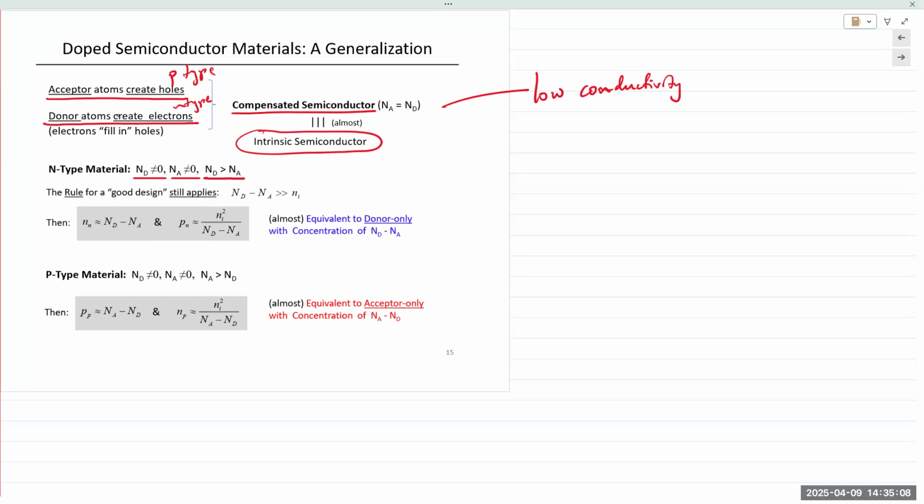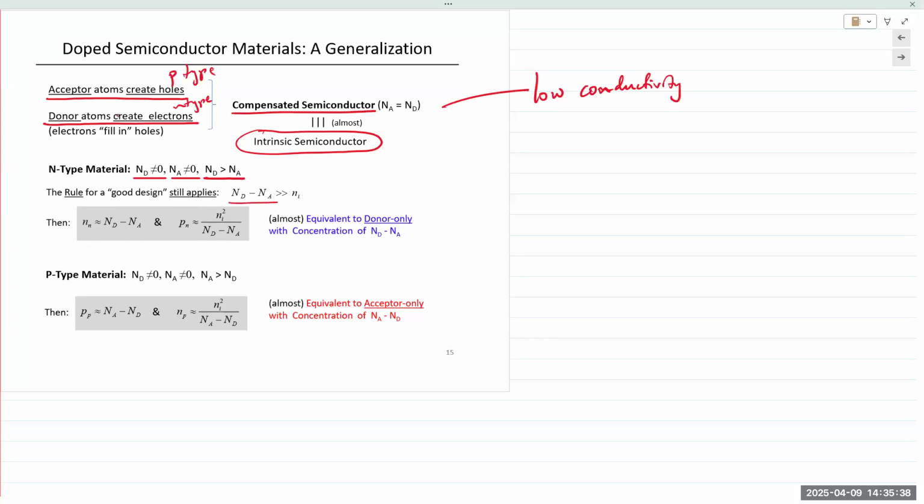And the difference between the two must be far, far greater than the intrinsically generated carriers. If Na is 0, then Nd must simply be far, far greater than Ni. But because Na will cancel out some bit of Nd, the difference between Nd and Na must be far, far greater than Ni. All right.